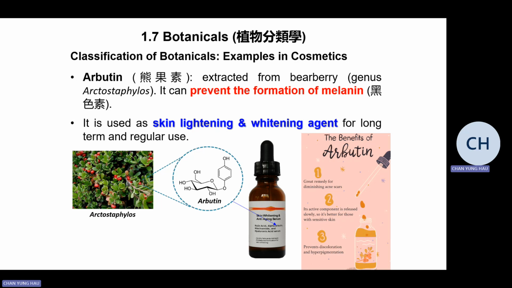Yes, it is tyrosinase. With the presence of this melanogenesis related protein, the tyrosinase forms the melanin. Arbutin can suppress the tyrosinase from forming melanin. That's why arbutin can be used as a skin lightening and whitening agent, and it has been used for long-term and regular use.